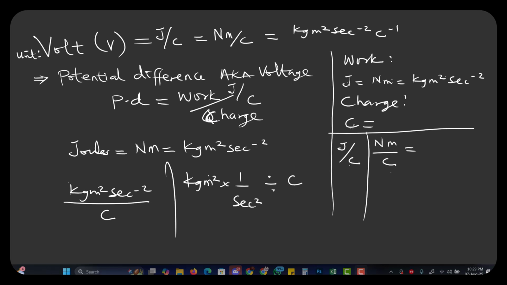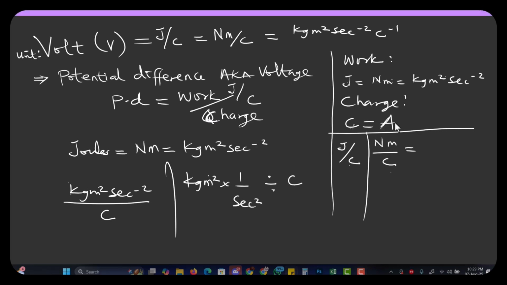So I'll make sure the charge, the coulomb I'm going to write under here, has a basic unit as well. Coulomb is not a basic unit, and the basic unit of coulomb is ampere seconds.